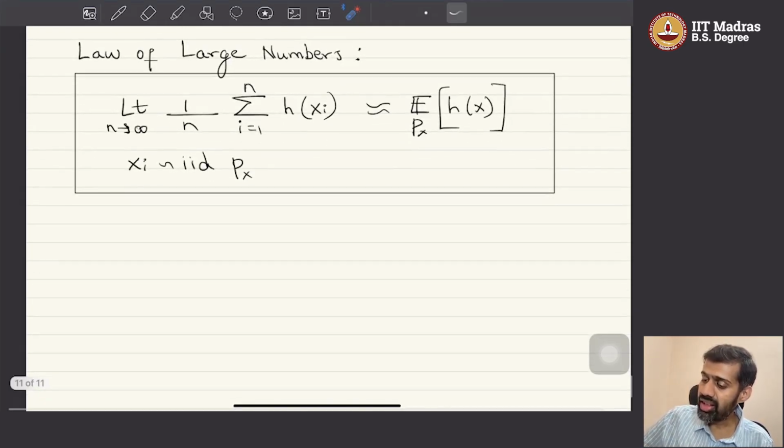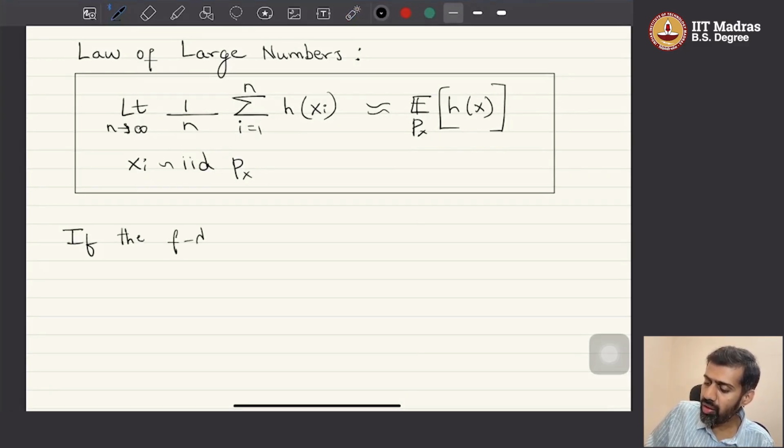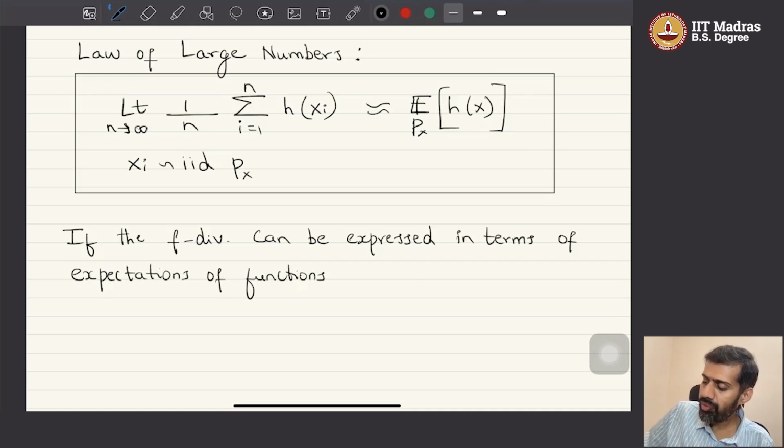So why is this relevant to the discussion that we are doing? All we are saying is, if the f divergence or any divergence metric can be expressed in terms of expectations of functions with respect to p(x) and p theta, then one can compute and optimize them, right?